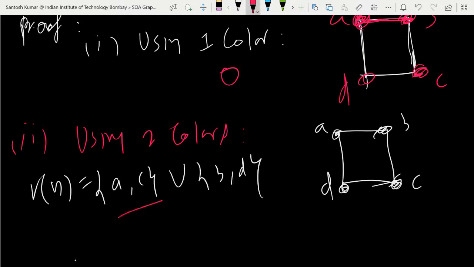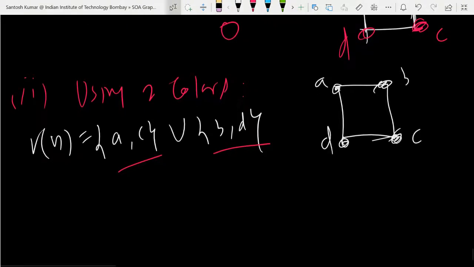AC can be given the same color and BD can be given the same color, because AC are independent and BD are independent.